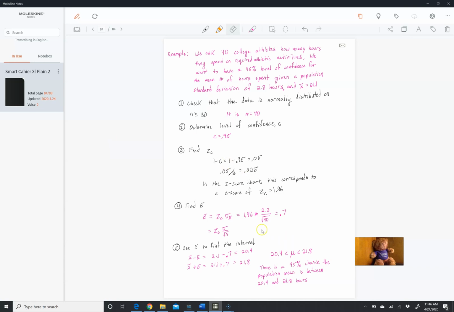So this is the range for the population mean. And again, this is with a 95% chance, a 95% confidence level.